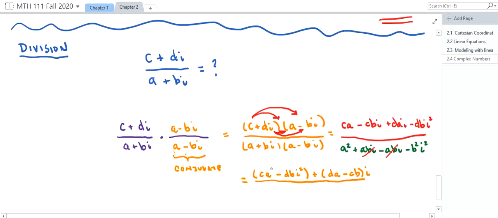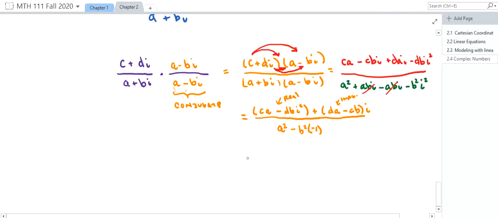So now I've got the real and the imaginary term. Then we have a squared in the denominator minus b squared, and then i squared is minus 1.